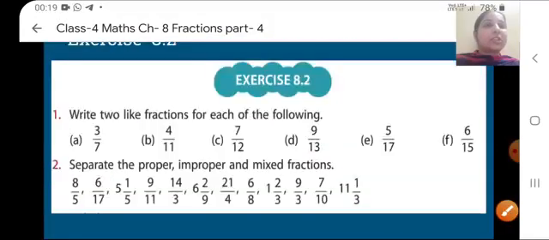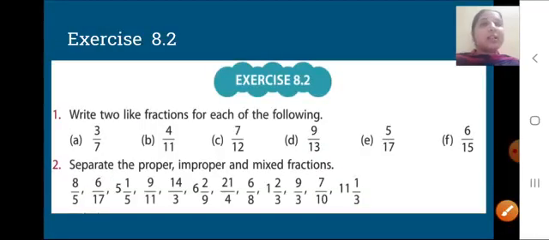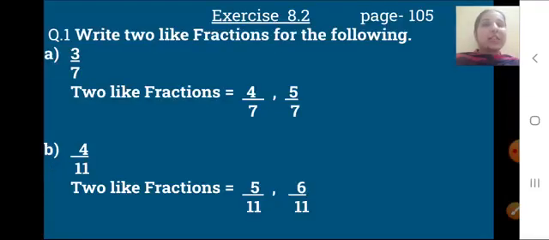Now children, let's start the new exercise, exercise 8.2, which is based on the types of fractions. Question number 1 is, write 2 like fractions for each of the following. The first fraction is 3 upon 7.